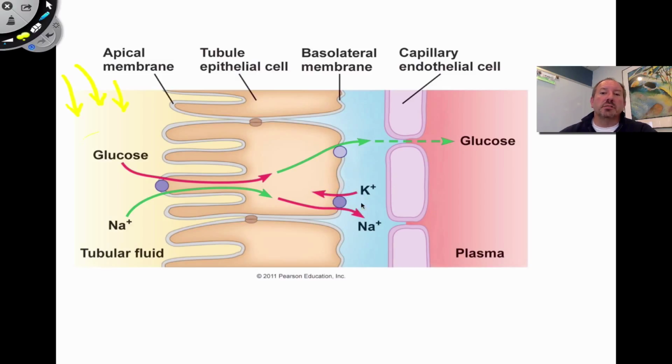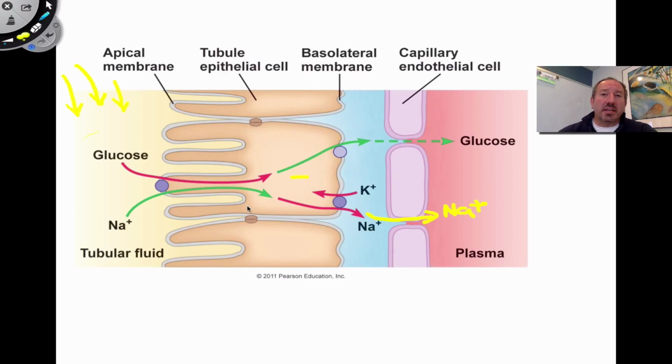As a result of pumping the sodium out like that, it's making the sodium inside the cells of the renal tubule low in concentration.